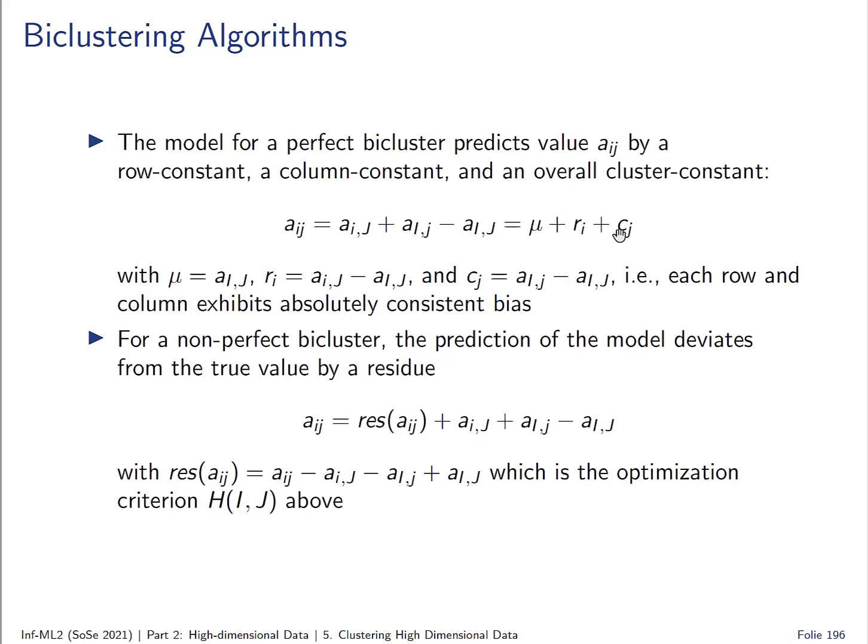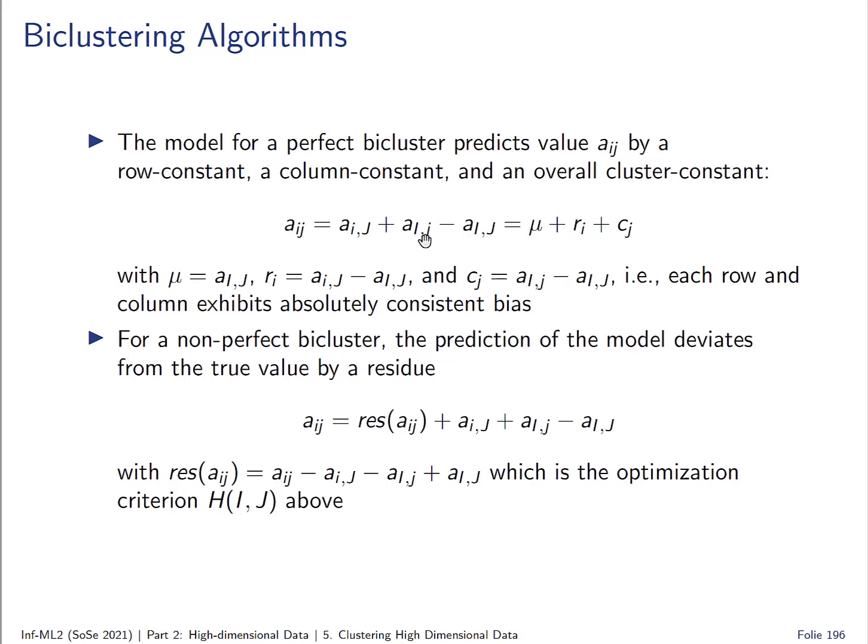If we take a closer look, the row adjustment is given by the deviation of the row mean from the mean of the overall cluster, and the column adjustment is the same, but with the columns. This one here is the constant basic value, the mu. So we end up with something like this.